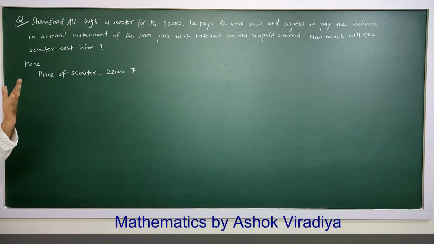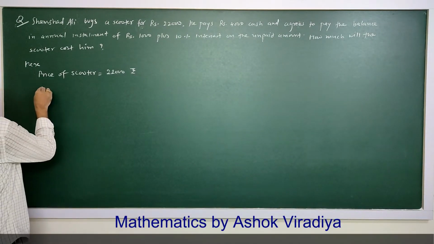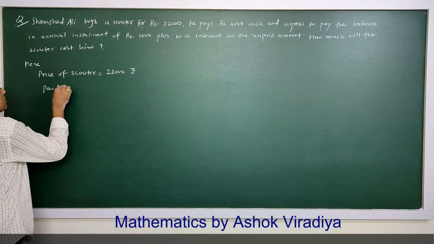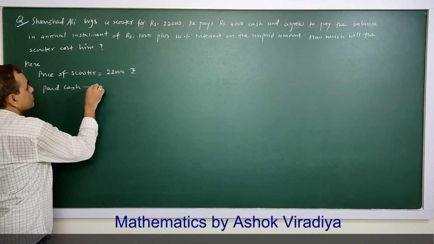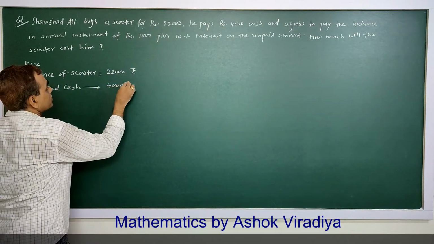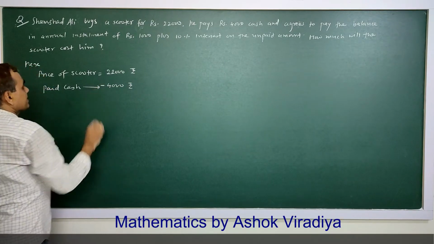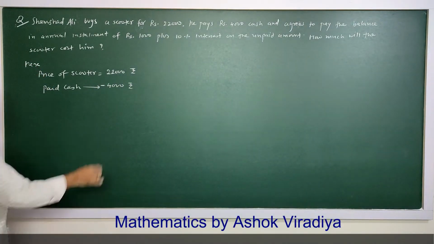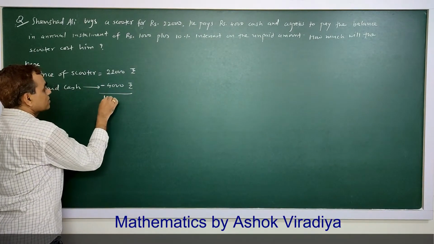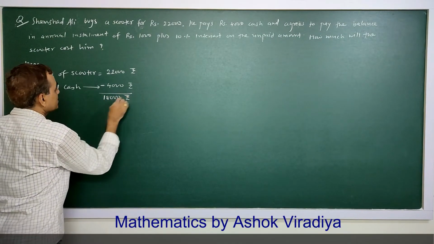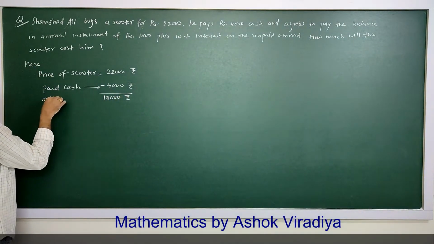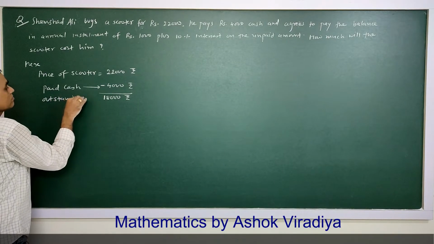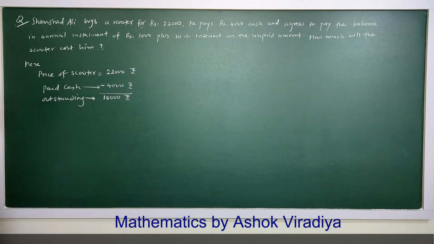Now he pays 4,000 cash, so the paid cash amount is 4,000 rupees, and this will be subtracted, so the outstanding balance will be 18,000. Now this 18,000 outstanding balance he is paying in installments.